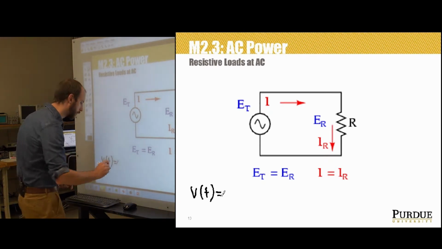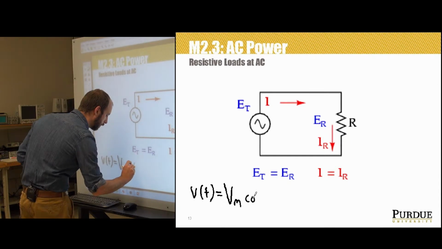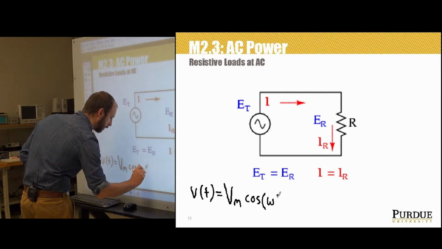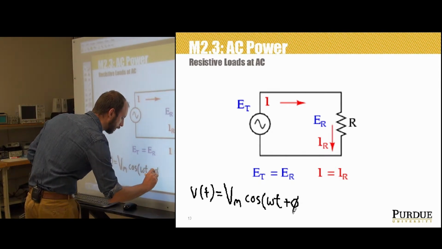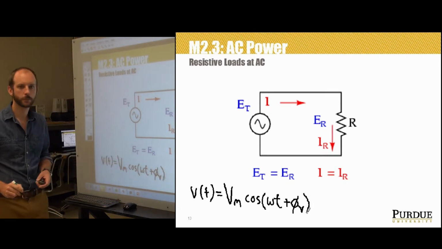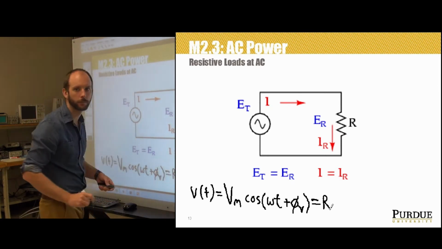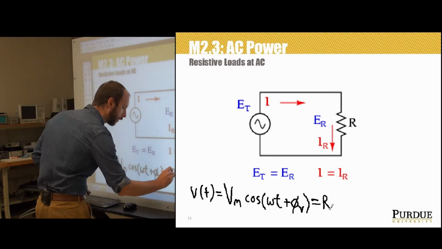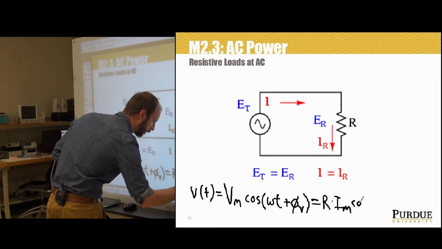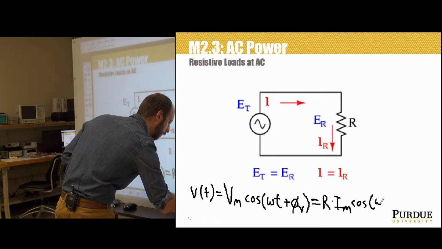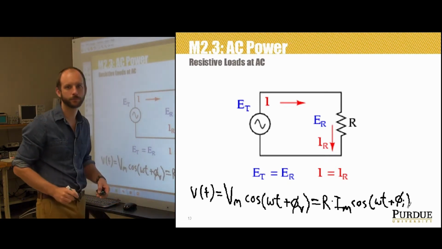Remember, using a sinusoidal function, we've got the max or the peak voltage times the cosine of omega t plus phi sub v, and that's going to be equal to the resistance times the max current times the cosine of omega t plus phi sub I.